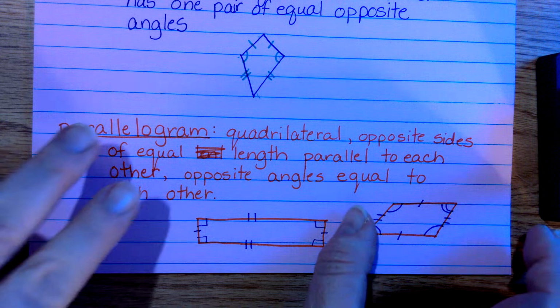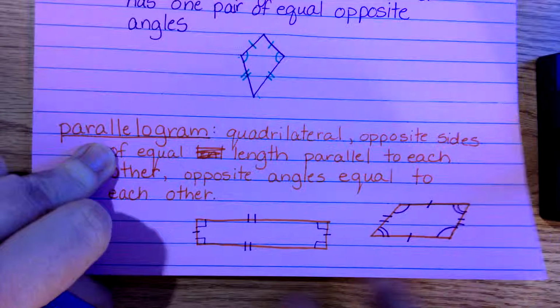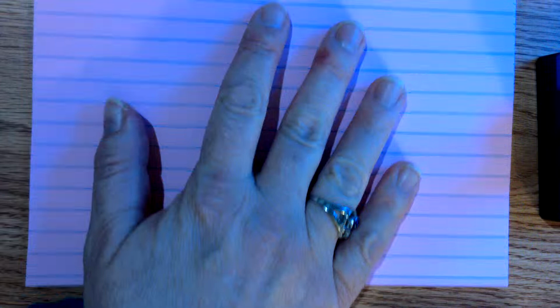Remember that we've talked about quadrilateral before, but a quadrilateral is just a polygon that has four sides and four angles. I'm not going to rewrite that definition because you should have that from previous notes. Let's talk about the different kinds of shapes that we're going to be dealing with. Let's start with rectangle.